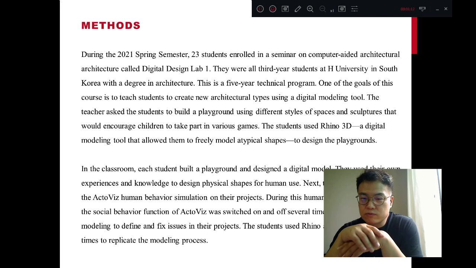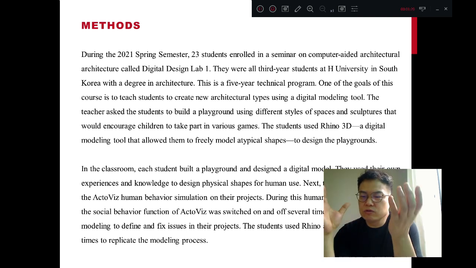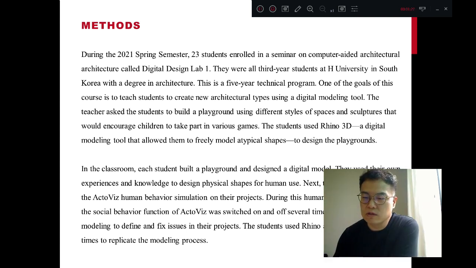In this course, students learn to create new architecture types using digital modeling tools. As the teacher, I asked the students to build a playground using different styles of space and sculpture that encourages children to take part in various games. The students used Rhino 3D and freely designed the playground.